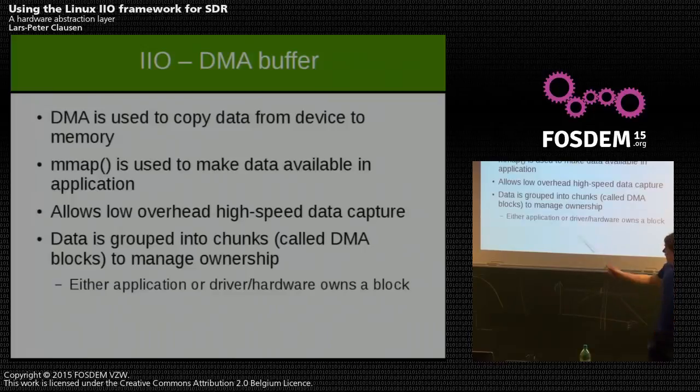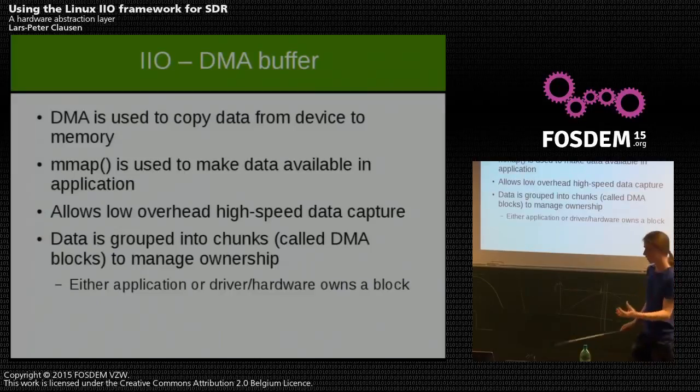And you can use mmap to map this memory region into your application, which means you don't have to do a copy, so it's zero copy again. And this allows us high speed and low overhead transport.